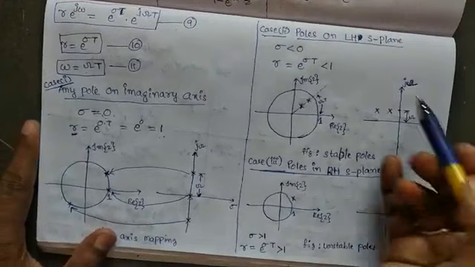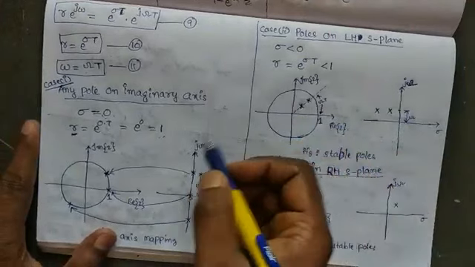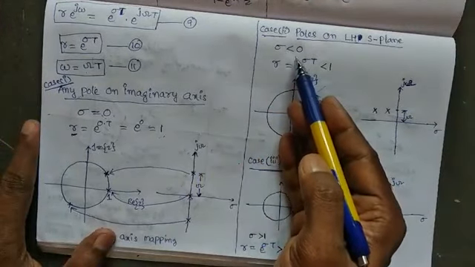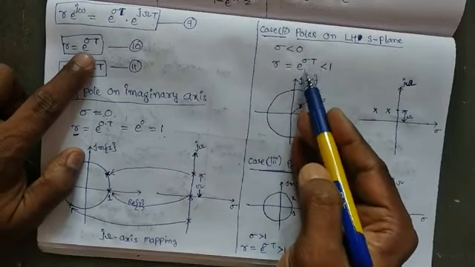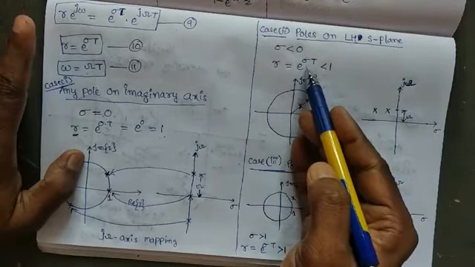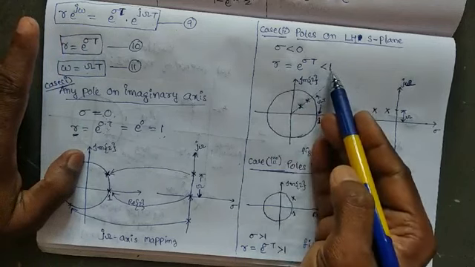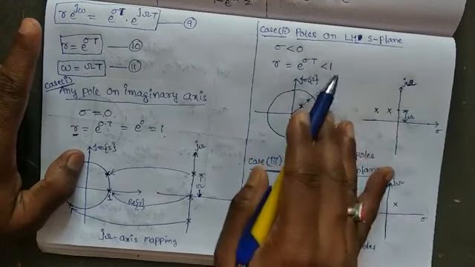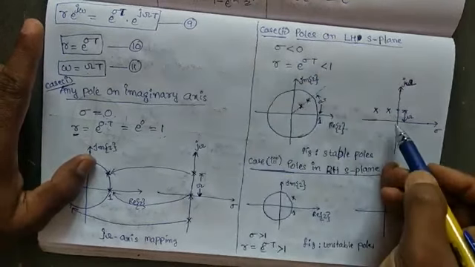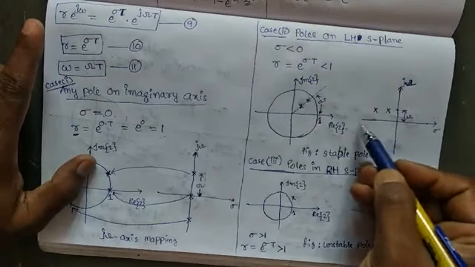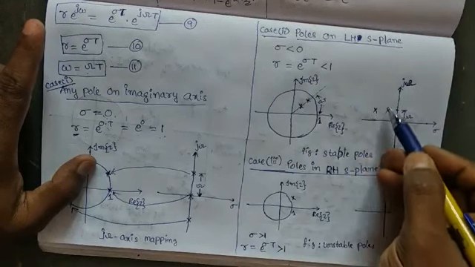Second case, sigma is less than 0. Sigma less than 0 means e power sigma t value is less than 1, so R is less than 1. Sigma less than 0 means the poles are located in the left half S plane.